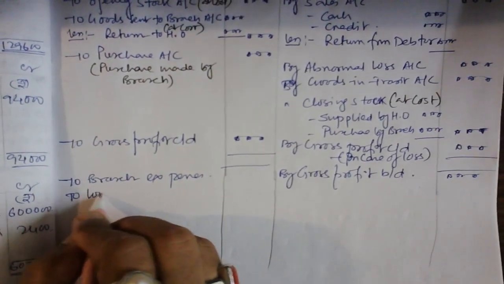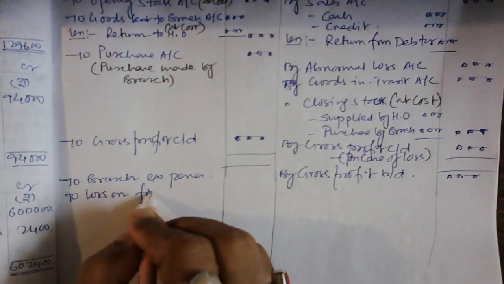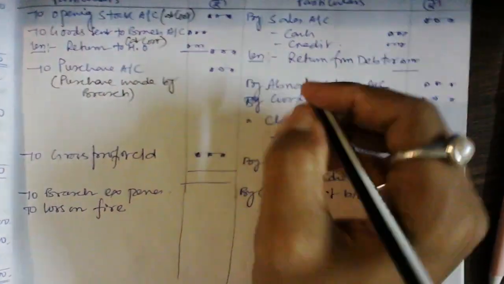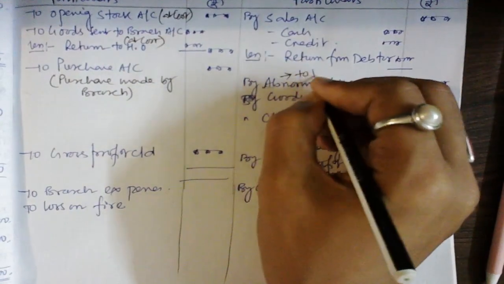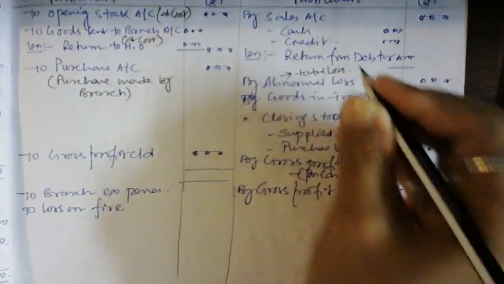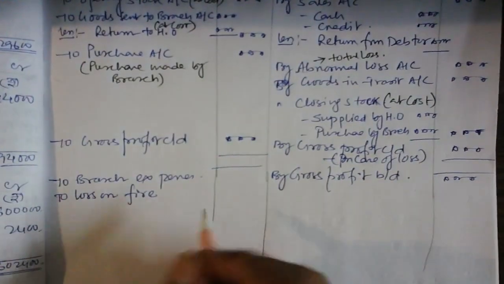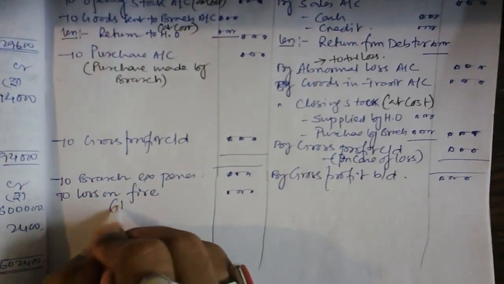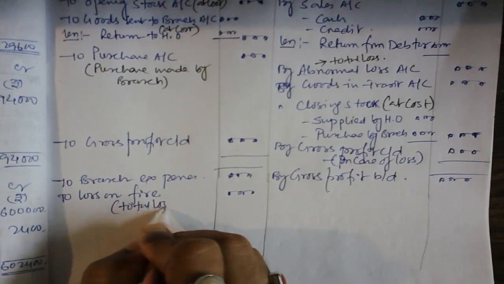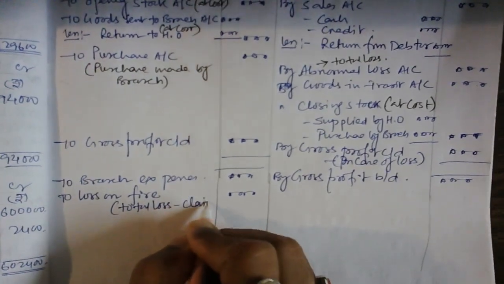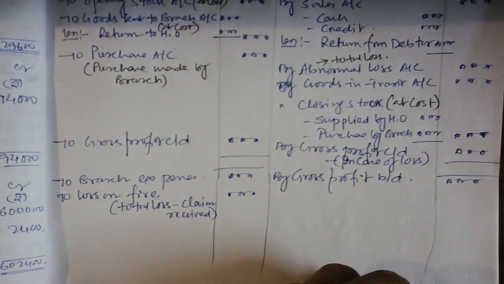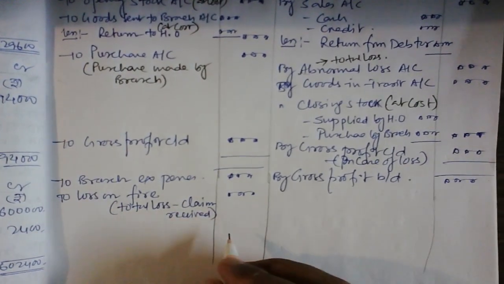To loss on fire. The amount you plotted here is the total loss, and the amount you plotted here will be the net loss. It means total loss minus claim receipt. So that balance we will have.